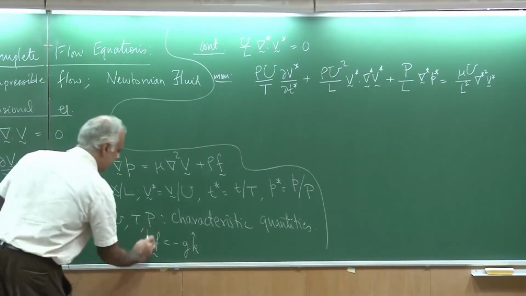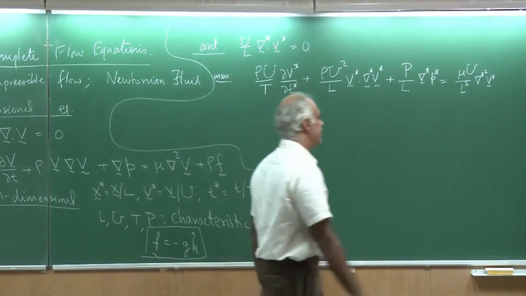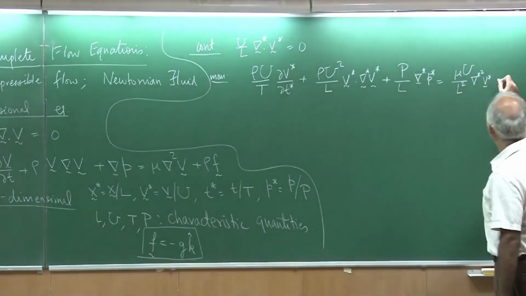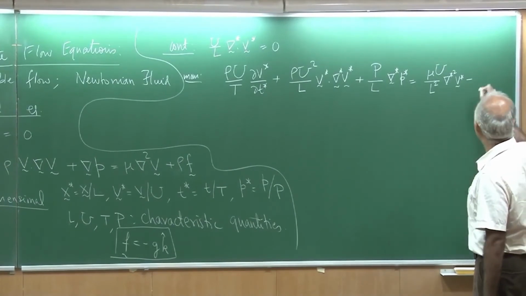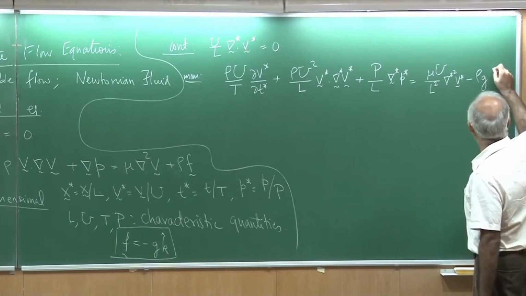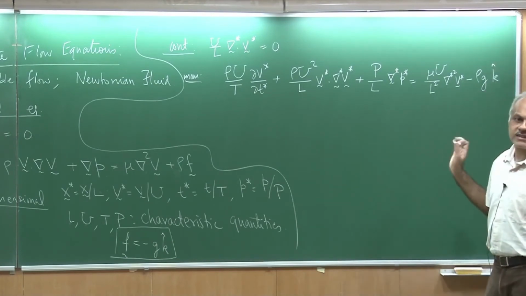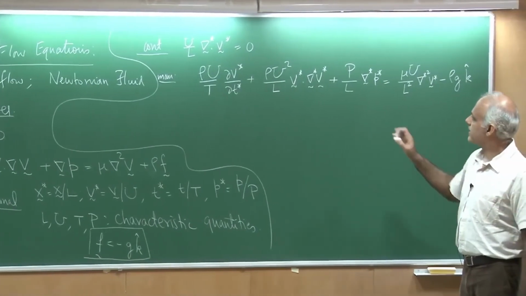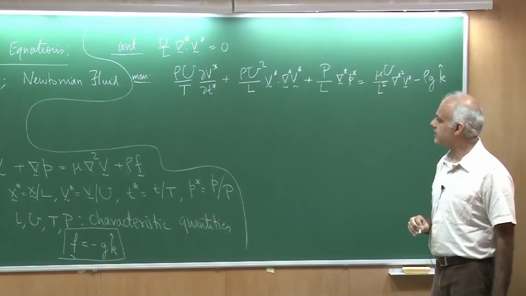If I make this assumption and substitute for that in this equation, I would get a minus, and I could write here simply rho times g and k. So these are my equations: the continuity equation and this entire thing as the momentum equation.